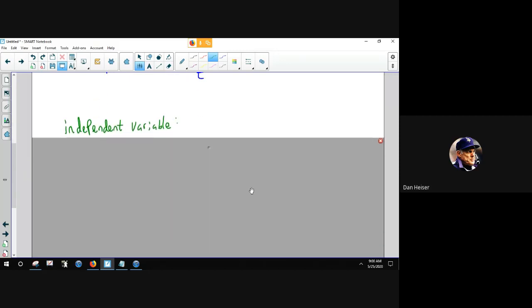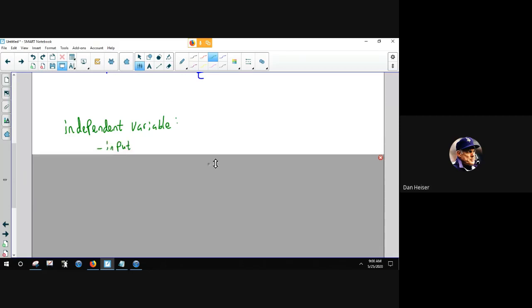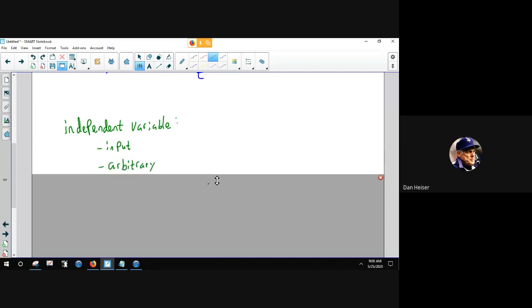We have two terms that you need to be very familiar with. Independent variable, we think of that as an input. We also think of it as being arbitrary. It can be anything we want it to be. There's no set value.